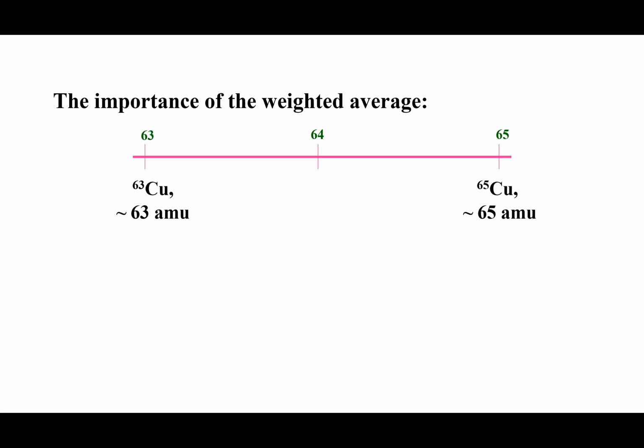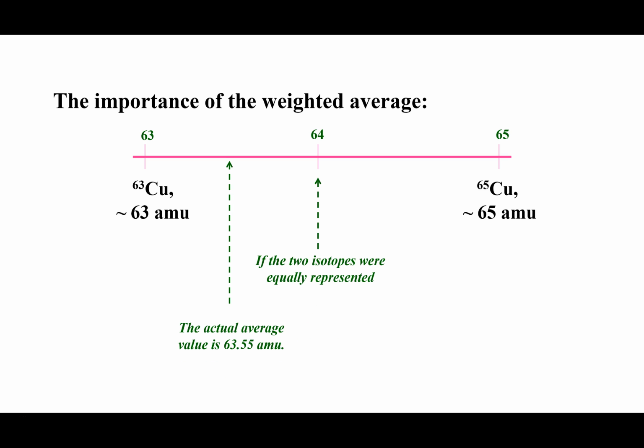So we've been talking about this. You told me the lighter one was more abundant. So if a simple average would be just 64, between 63 and 65 is 64. But it's not a simple average, it's a weighted average.